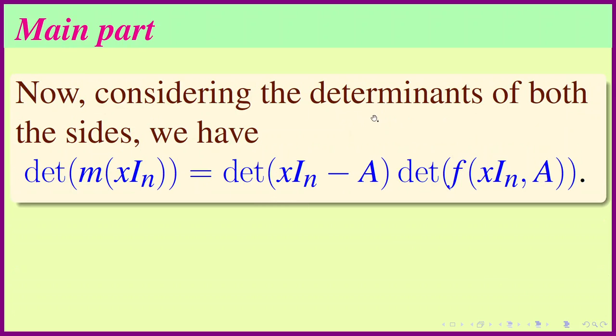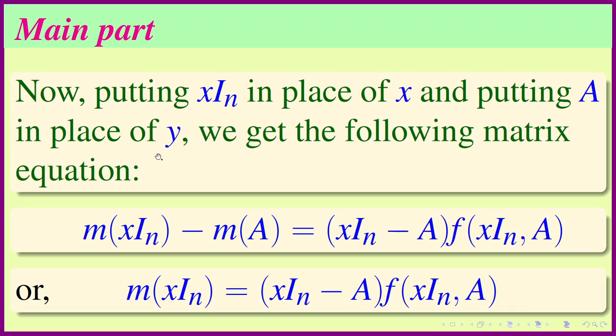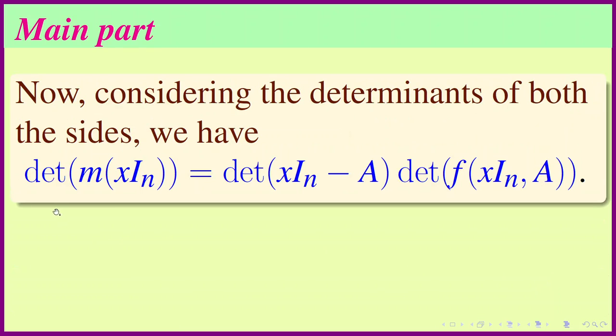Now considering the determinants of both sides, we get the determinant of M(XIn) equal to the determinant of (XIn minus A) times the determinant of f(XIn, A). Now what is this?